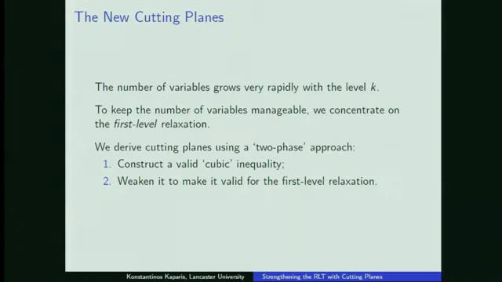We still try, as in the normal RLT approach, to form cubic terms. So we multiply triples of constraints, including the bound constraints, to form cubic terms. However, in the linearization phase, we don't introduce variables that represent those triples. We try to substitute those variables in an optimal way using some linear terms.